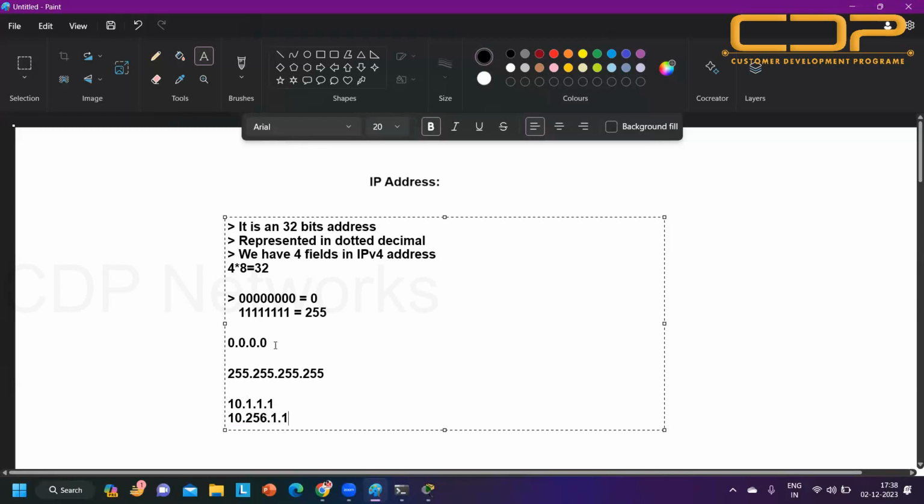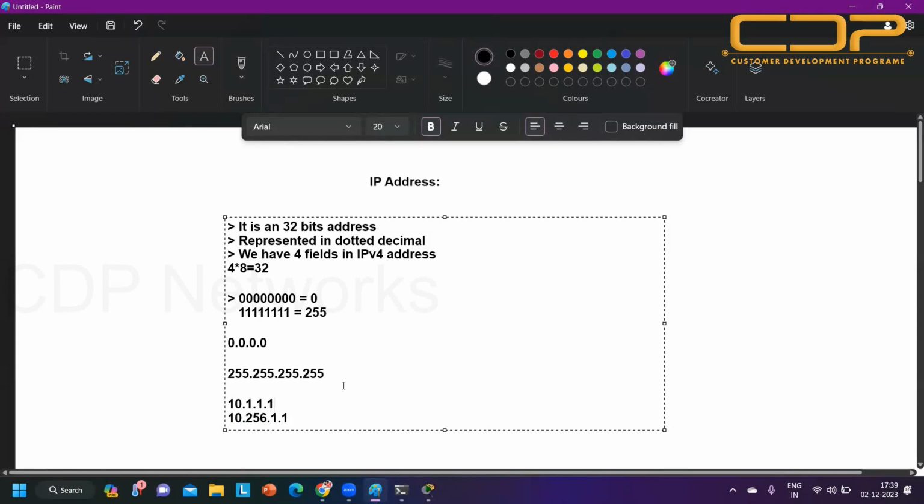Because as I told you, each field carries 8 bits of information. We call one field an octet also, octet because each field carries 8 bits. So with the help of 8 bits, you can't write 256. We can't represent 256 with 8 bits. Because of that, this IP address is invalid.